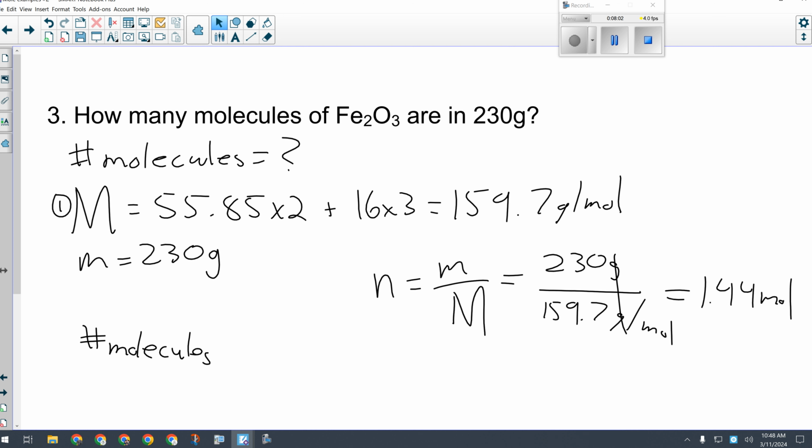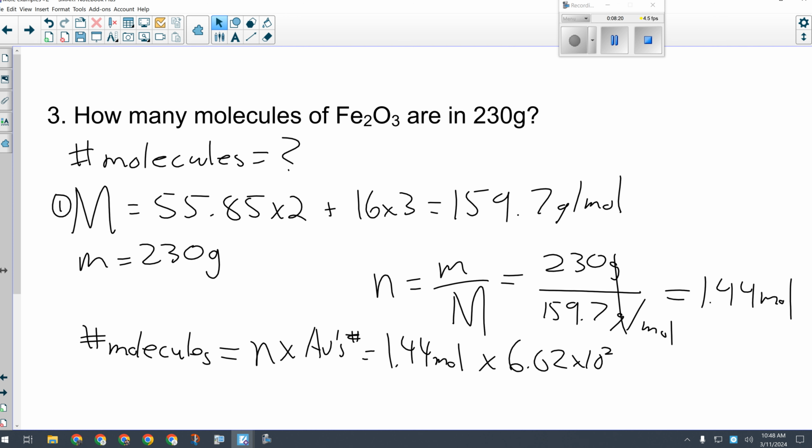So the number of molecules is going to be N times Avogadro's number, which is going to be 1.44 with all the decimals that are in my calculator, moles, times 6.02 times 10 to the 23 molecules per mole. Okay, when I do that, the moles are going to cancel, and I'm going to be left with molecules. Okay, and it's going to be a big number.